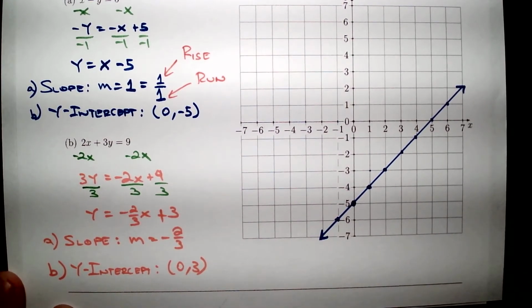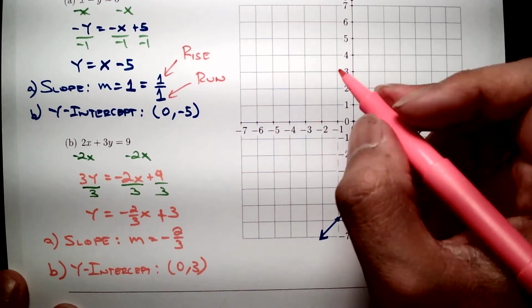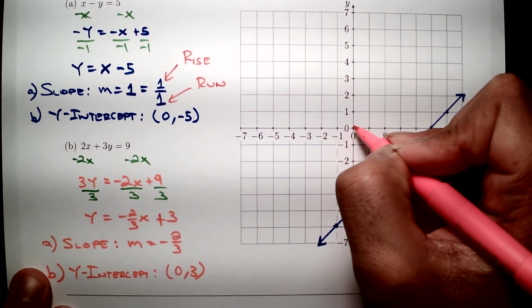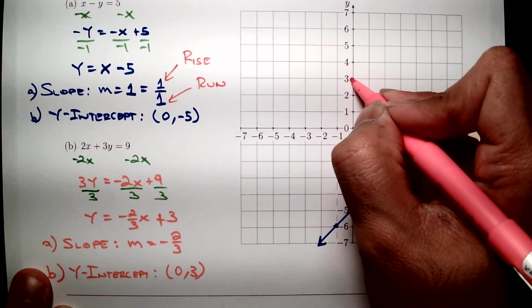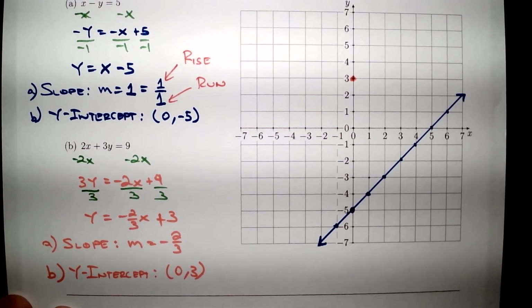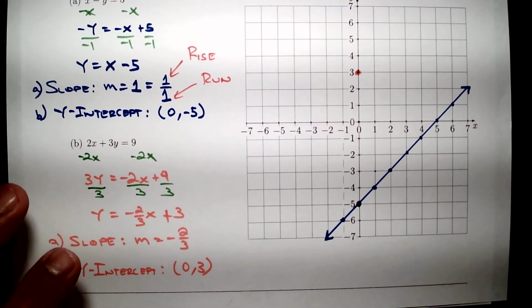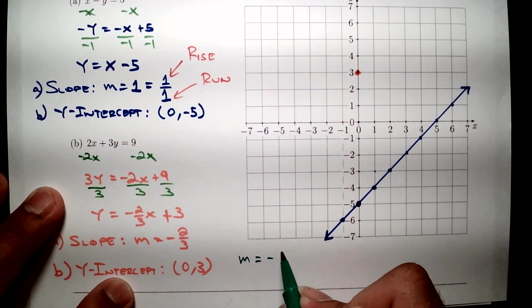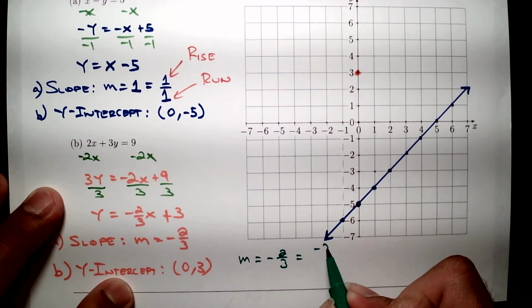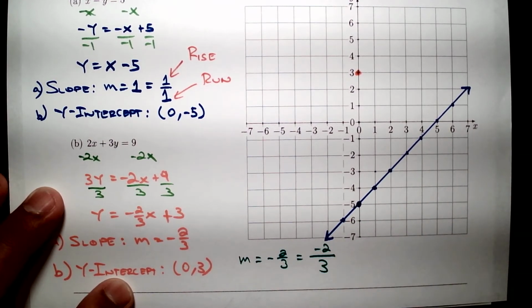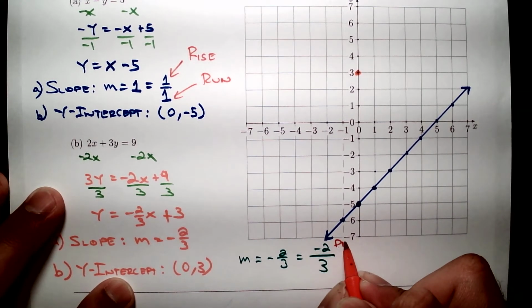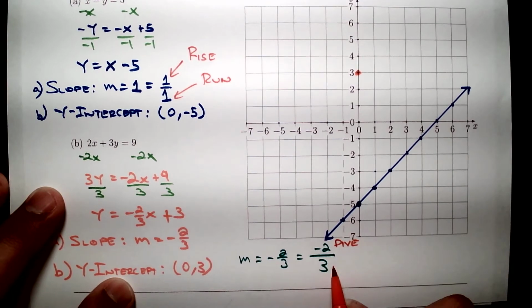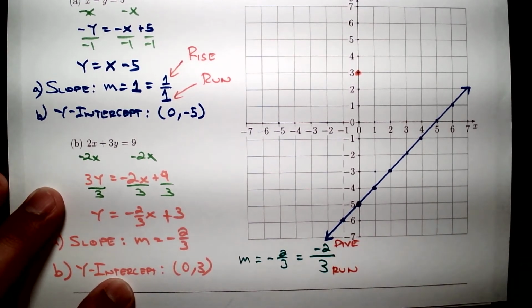So from the origin we go to the point 0, 3, which is right here. From here, let's interpret this slope in two different ways. m equals negative 2/3 is the same as negative 2 over 3, which means go down 2 units and run 3 units.